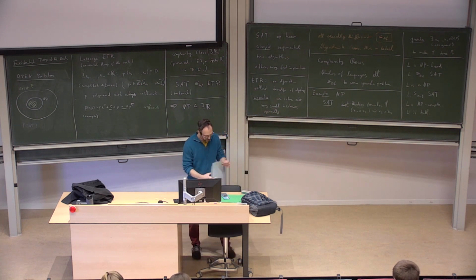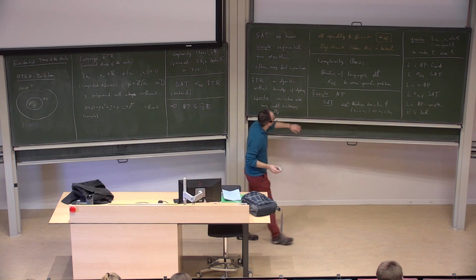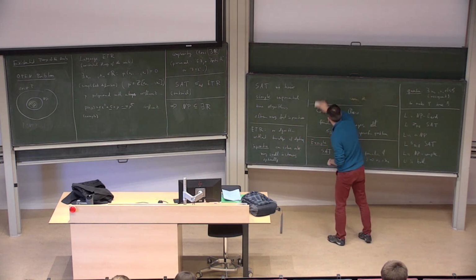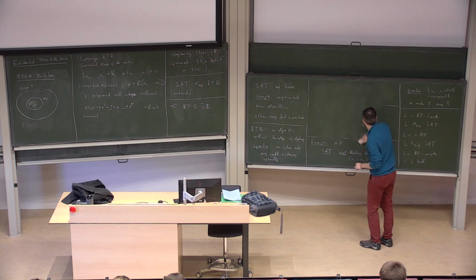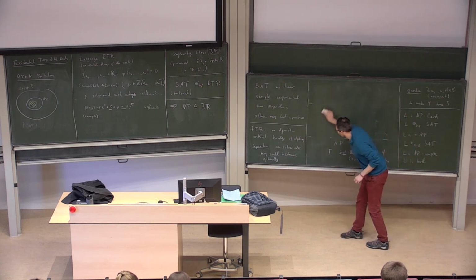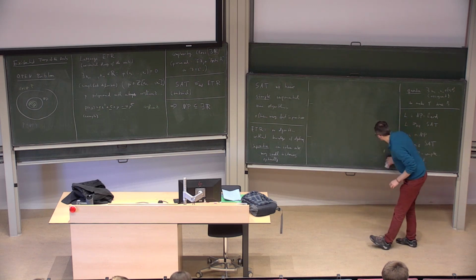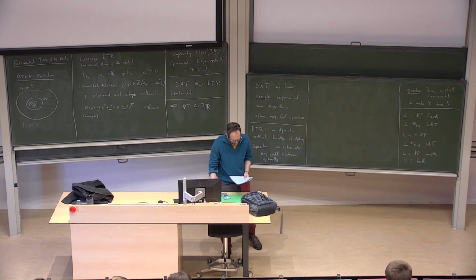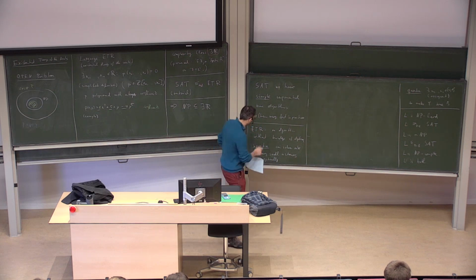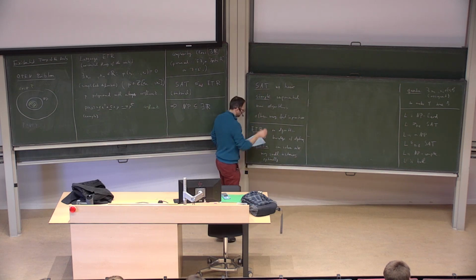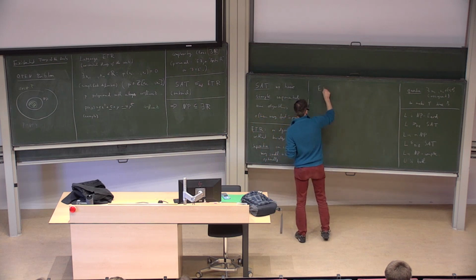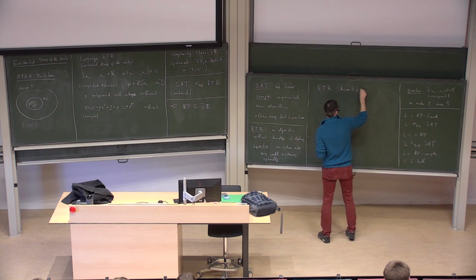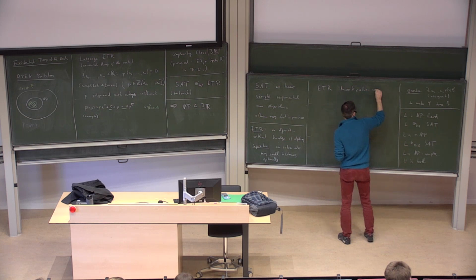Because there is a big class of problems that we can solve optimally and that are huge. Yeah, so maybe for ETR, I can also say discretization unlikely.